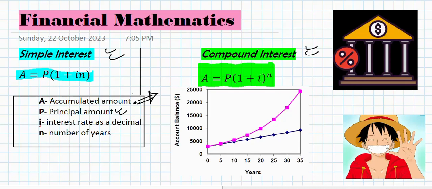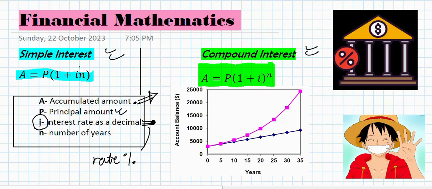And then we have I, as you see there. I is the interest, and we write this as a decimal. Whenever a question says calculate the interest rate, we are looking for the percentage. And this I, we need you to write it as a decimal all the time.